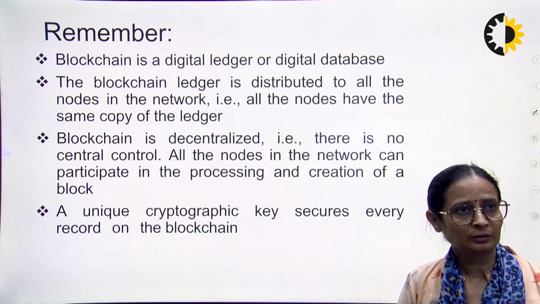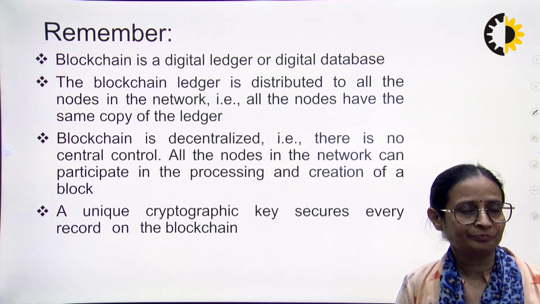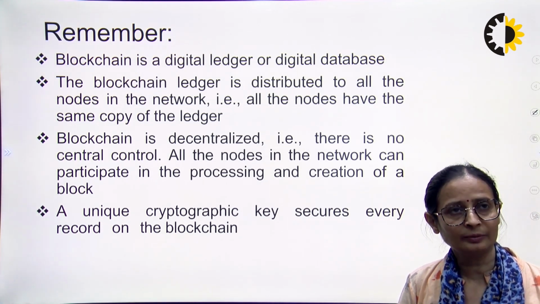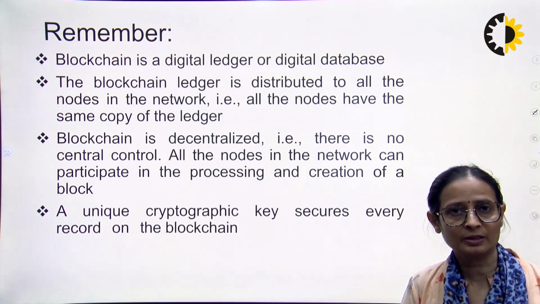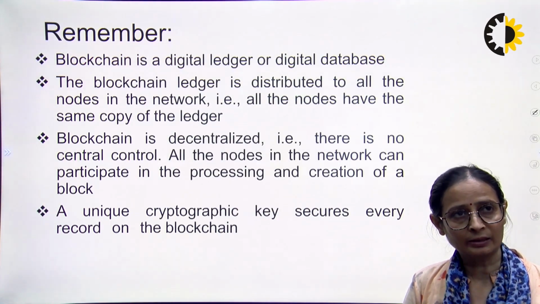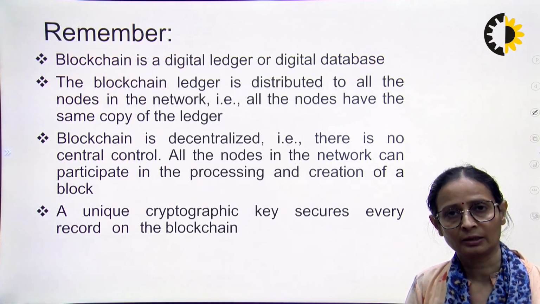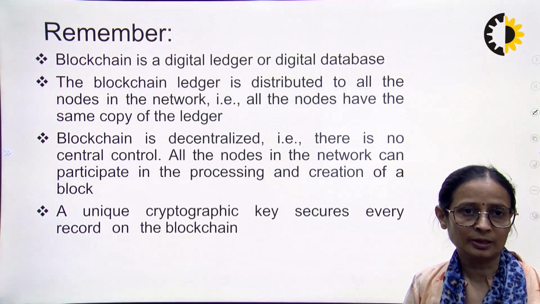Here what we need to know about blockchain is that it is a digital ledger, or sometimes we say a digital database. It is a decentralized, distributed database, not just a basic traditional database which you use.